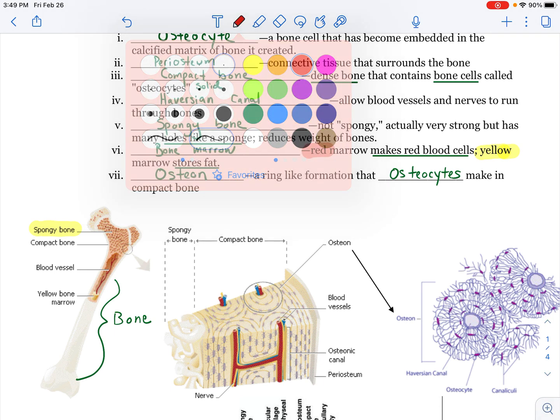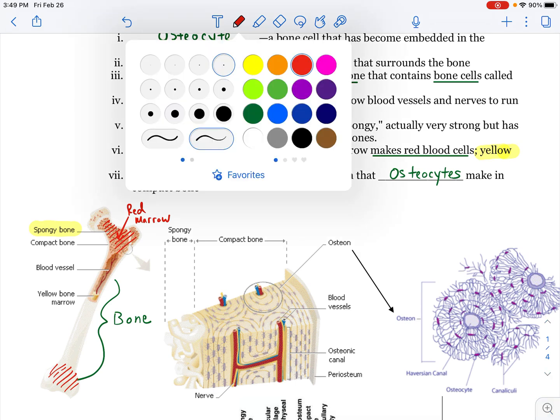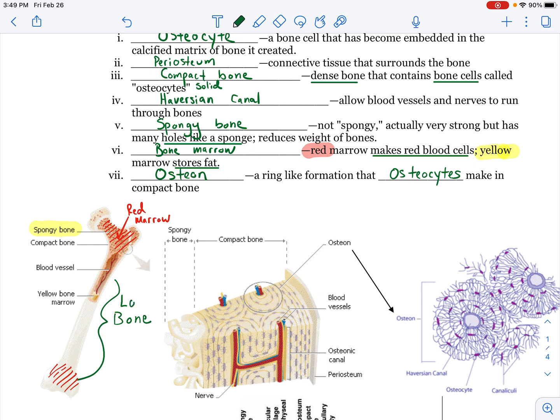And I'm going to make a note that in spongy bone is where red marrow would be found. Now, spongy bone tends to be at the ends, so if you could see it, it would be down here as well. It tends to be at the ends of a long bone. And we'll get into what a long bone is in a minute, but this is an example of a long bone.